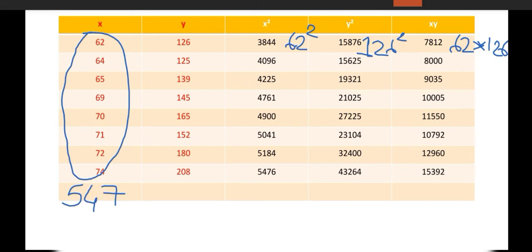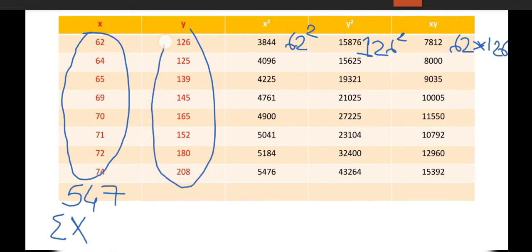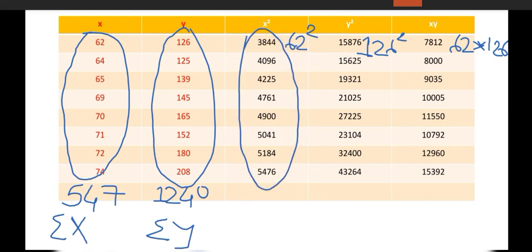On adding, we get 547, which is sigma x. Then add all these values, and we get 1240, which is our sigma y. Add all these values, and on adding we get 37527.